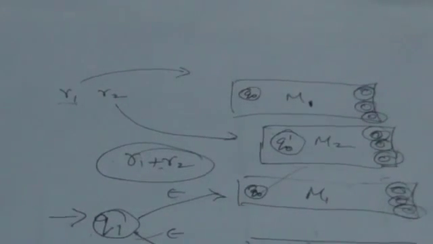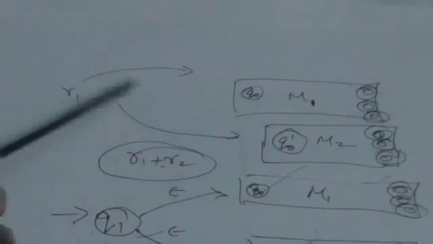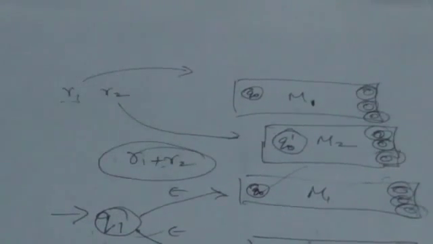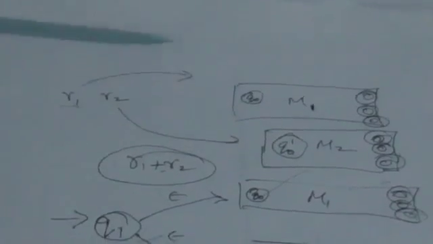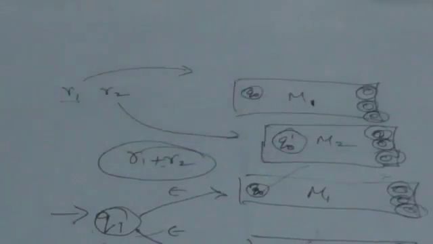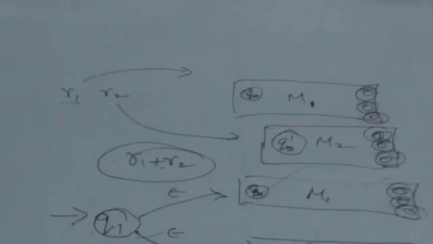Now suppose R1 and R2 are two regular expressions. M1 is a finite automata corresponding to the regular expression R1 and M2 is a finite automata corresponding to the regular expression R2. Q0 is the initial state of M1, Q-0 is the initial state of M2, and these are the final states of M1 and these are the final states of M2, right?